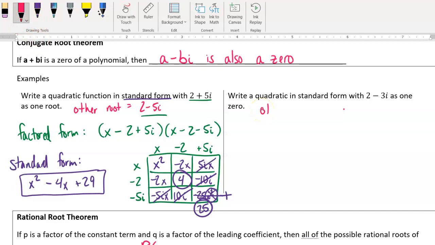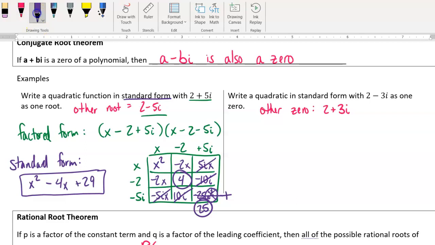All right, so in this case, your other zero or your other root would be 2 plus 5i. Okay, so I'm sorry, 3i. My bad. I think I accidentally looked to the left there. So 2 minus 3i is one zero. So the other zero would be its conjugate, which would be 2 plus 3i.